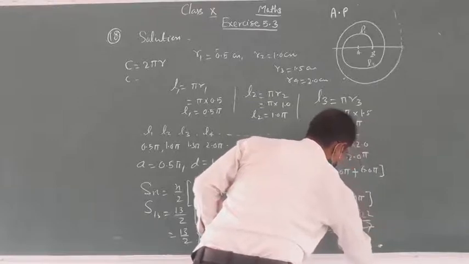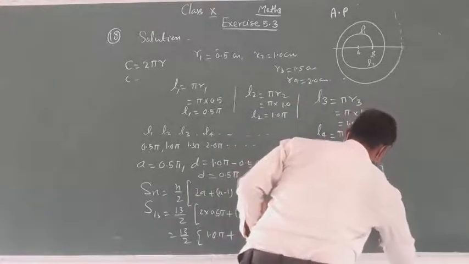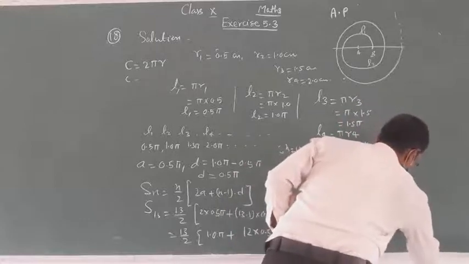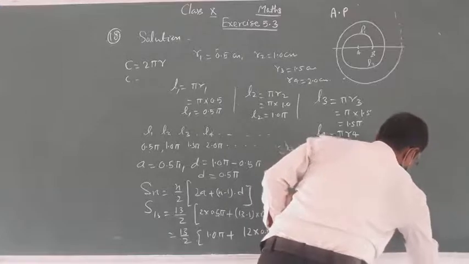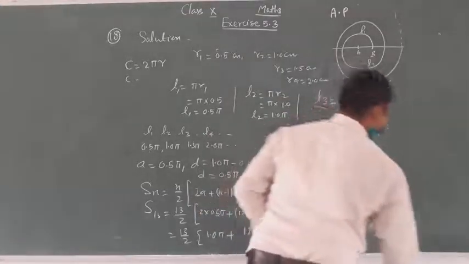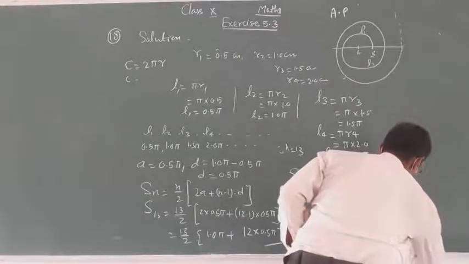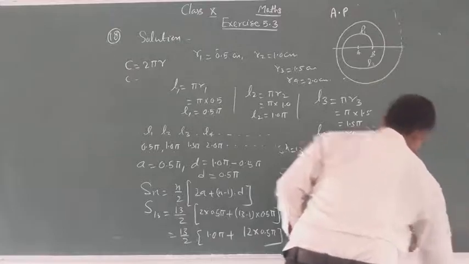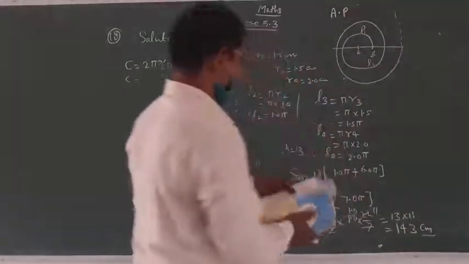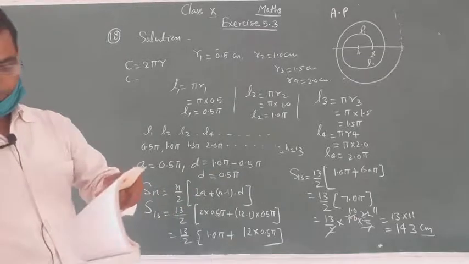So 1.0 to 11 is equal to 13 into 11, which is 143. So this is the answer for the total length of the spiral.